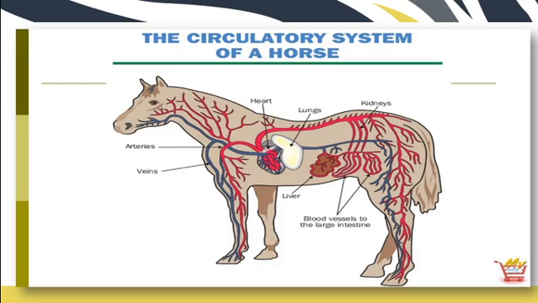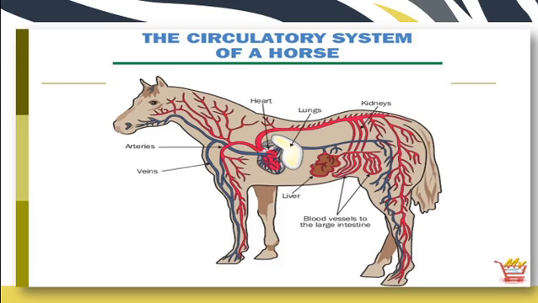Now the circulatory system of a horse, which is a closed circulatory system, arranged much like in a human. You can see in this picture the heart, lungs, kidney, liver, and blood vessels to the large intestine.